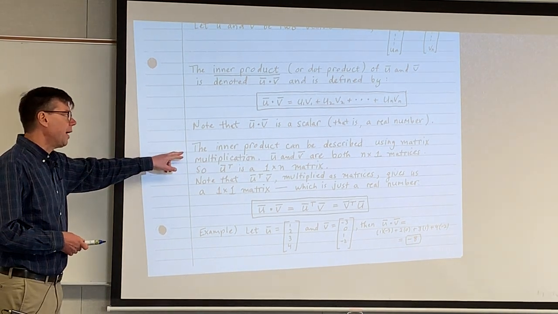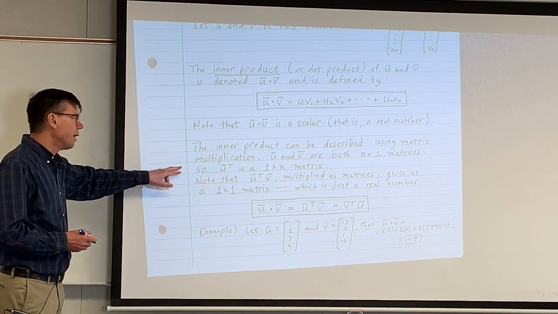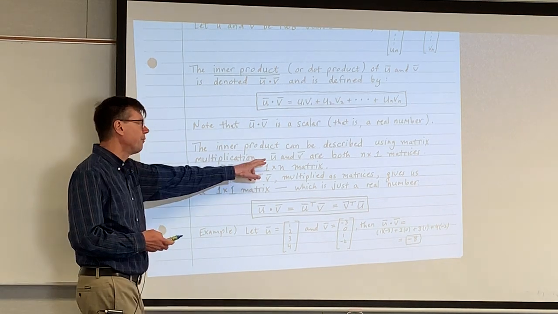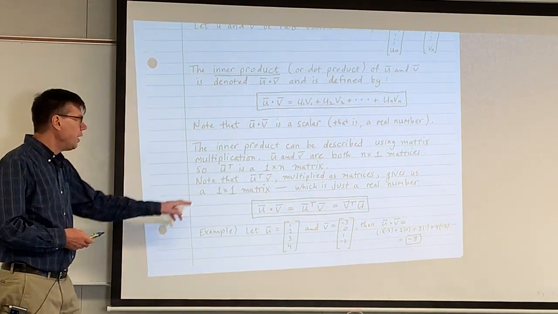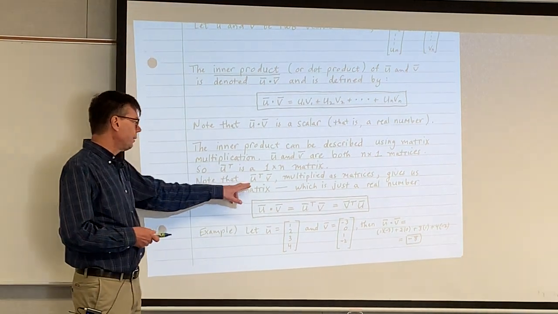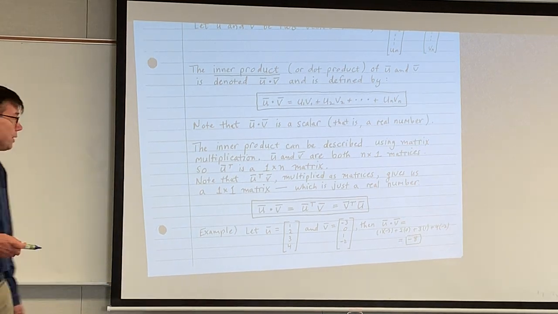Some people like to define the inner product using matrix multiplication. So if U and V are both n by 1 matrices, their column vectors are n by 1 matrices. U transpose is 1 by n. So we could multiply U transpose times V, thinking of those as matrices.